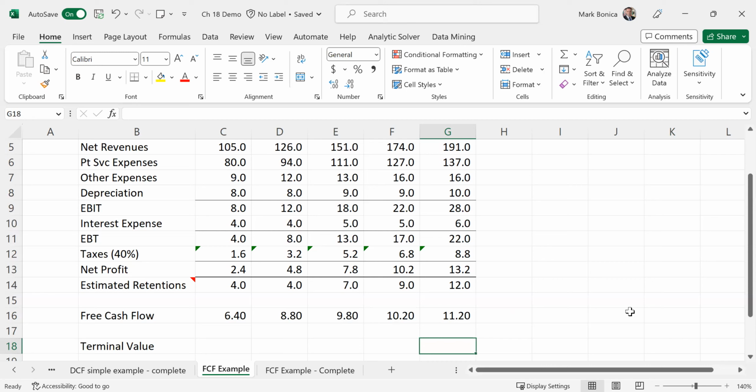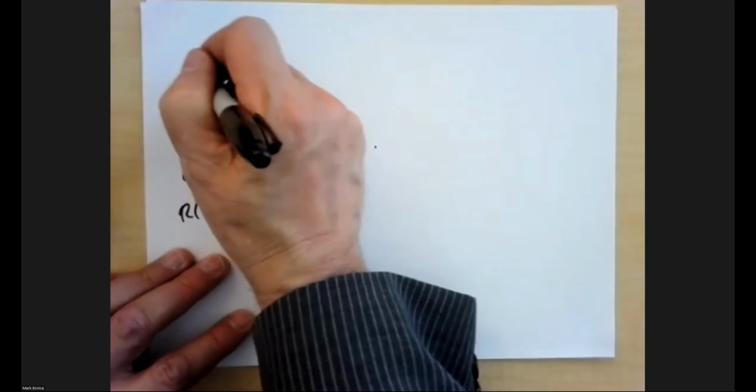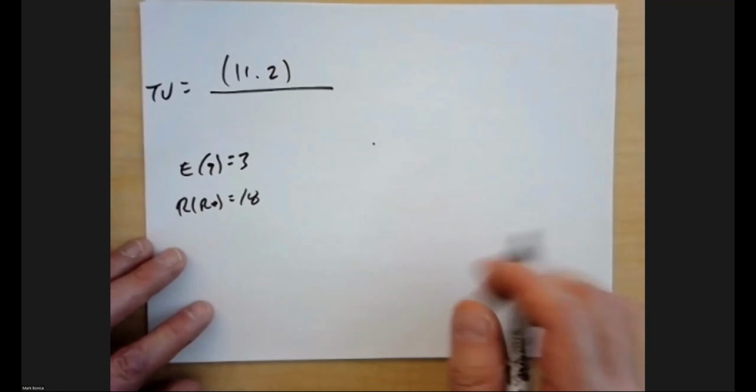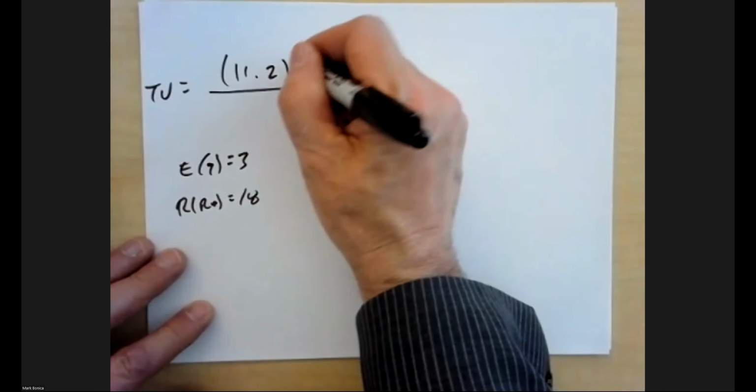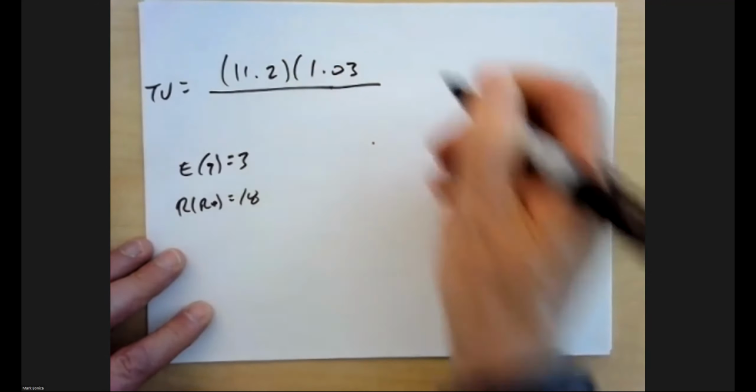Yep, so 11.2, and we said the EG was 3, and the RRE is 18. So PV is equal to 11.2 times 1.03, right?